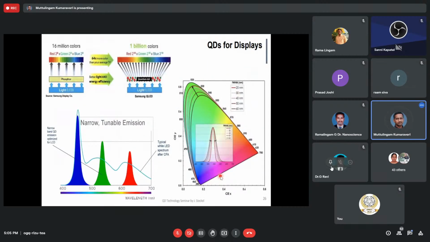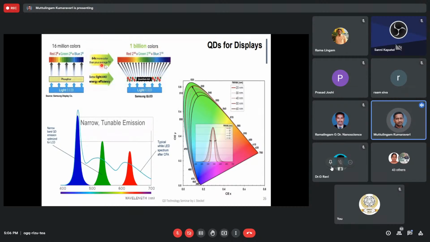Right. So now we will see what is the difference. What the QD display is actually giving us is this: when the LCD TV uses the phosphor color filter, they can only get 16 million colors. When they use the quantum dot filter, they get 1 billion colors.